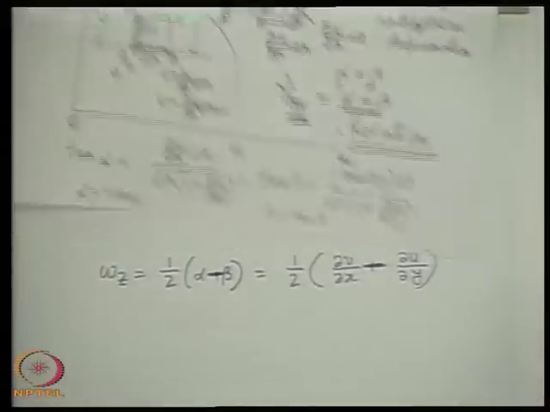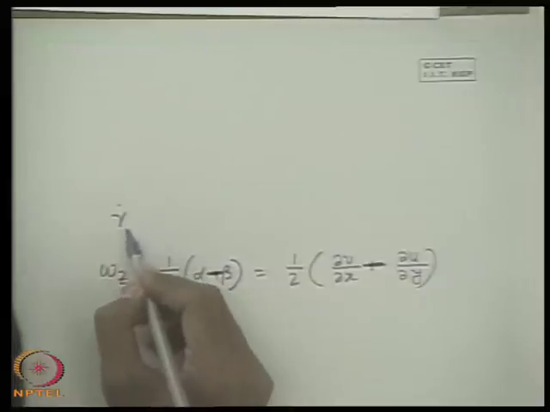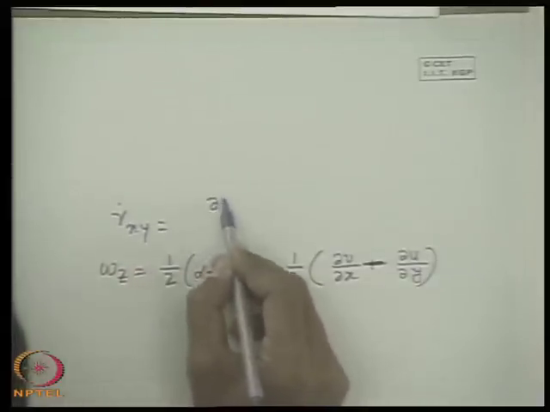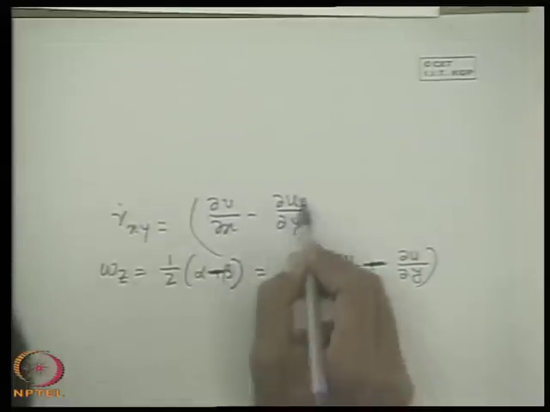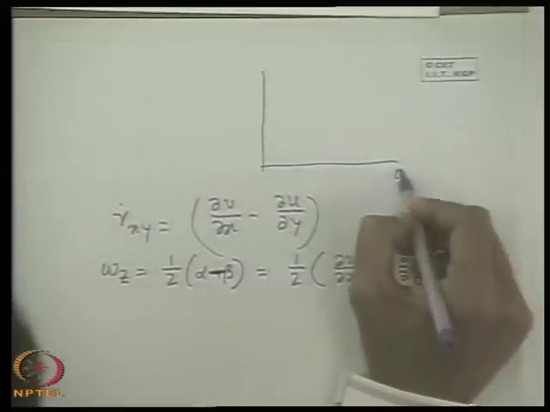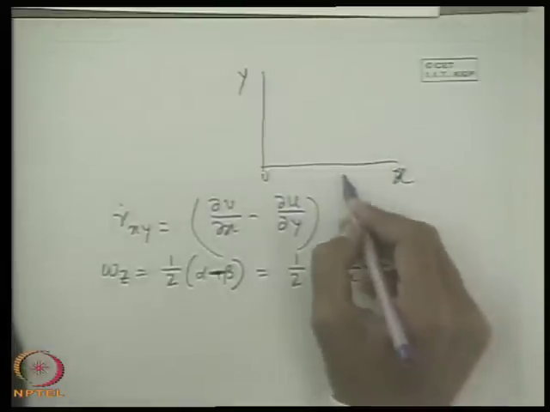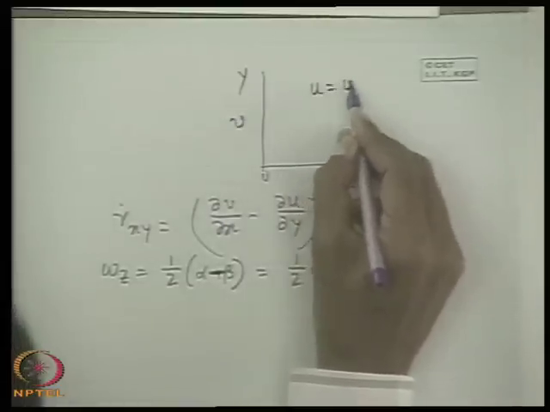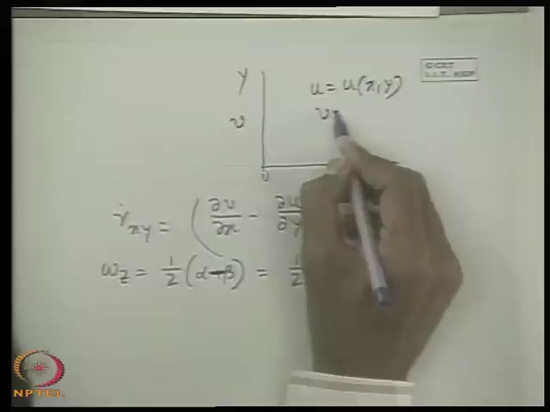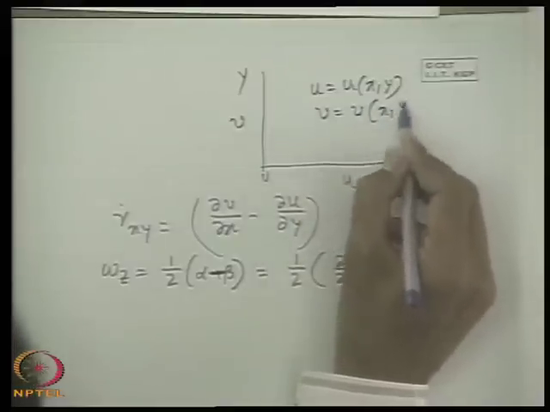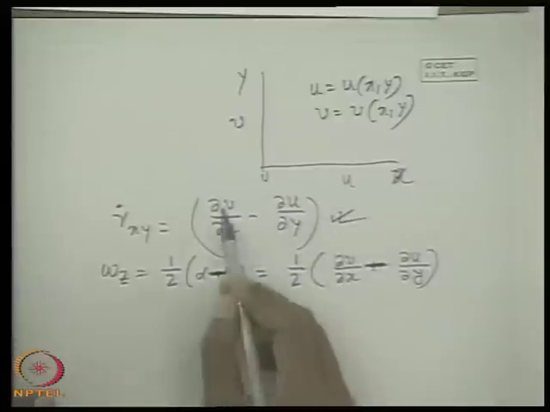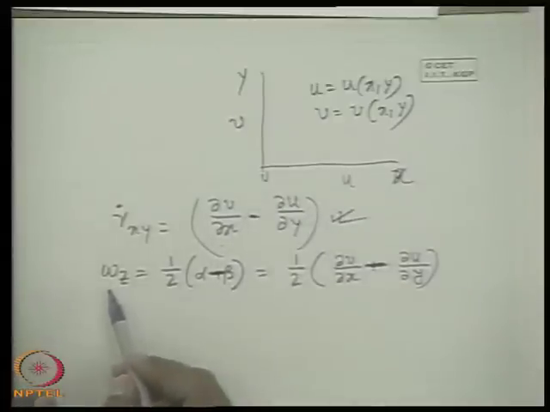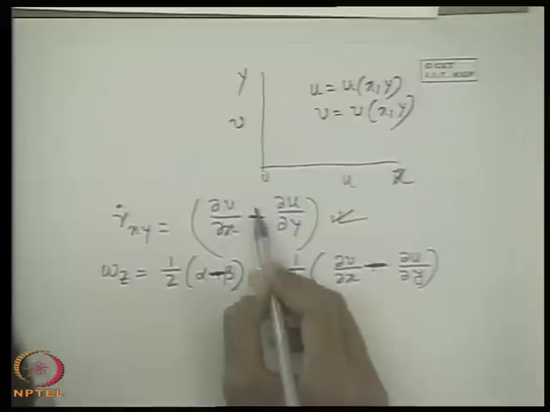So, therefore, we see the deformation rate in the xy plane is del v del x, del u del y, in a two-dimensional case. In a two-dimensional coordinate system, that means x and y, where the u and v components of velocity vary with both the space coordinates, the most general case, a fluid body has a rate of angular deformation in the xy plane which is given by del v del x plus del u del y, sorry, very good.